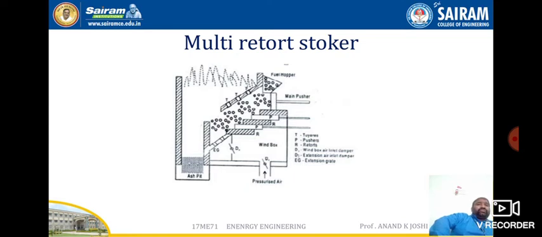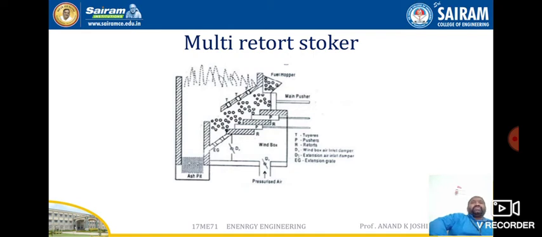The airflow to the extension grate is further controlled by another damper, since the extension grate requires a small quantity of air with less fuel burning on it. Whatever ash is formed falls into the ash pit through the retorts.